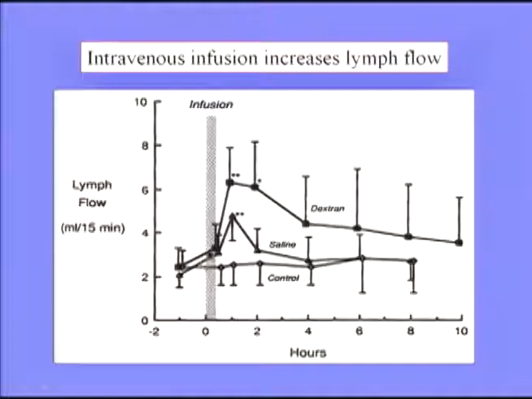And you can see that immediately there was an increase in lymph flow. That indicates, as we said before, that whenever you raise the capillary pressure, fluid moves out of the capillary. You can see that the increase lasted much longer for dextran than for saline, and that's because when the saline was infused, it very quickly moved out of the circulation into the interstitial fluid, whereas dextran, having a much larger molecule, remained in the circulating blood volume for a much longer time.